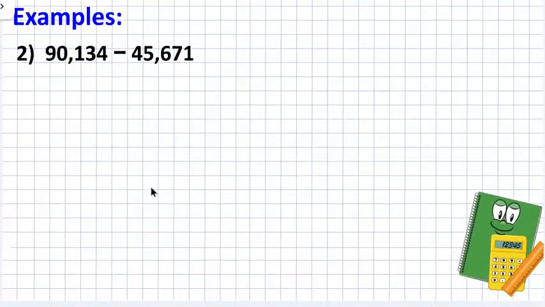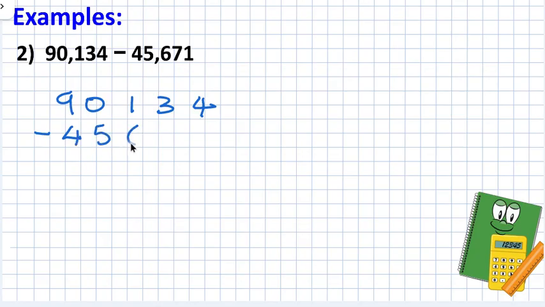So this second example, we have 90,134 minus 45,671. So starting from the first column, we have 4 minus 1. 4 minus 1 is going to give us 3.